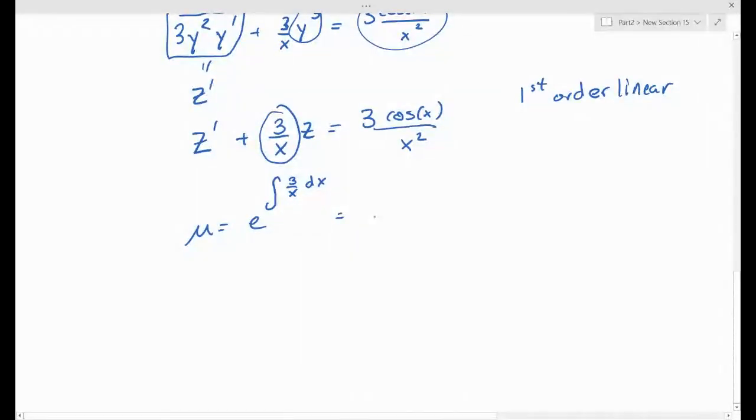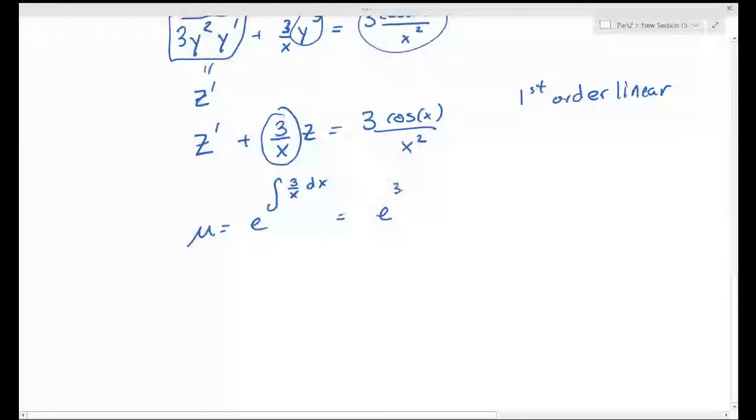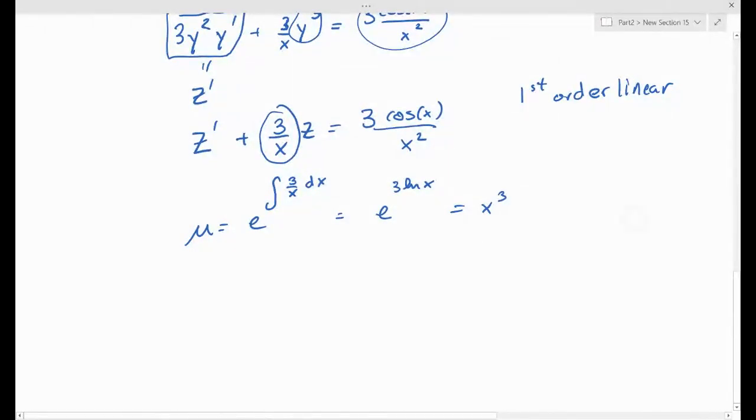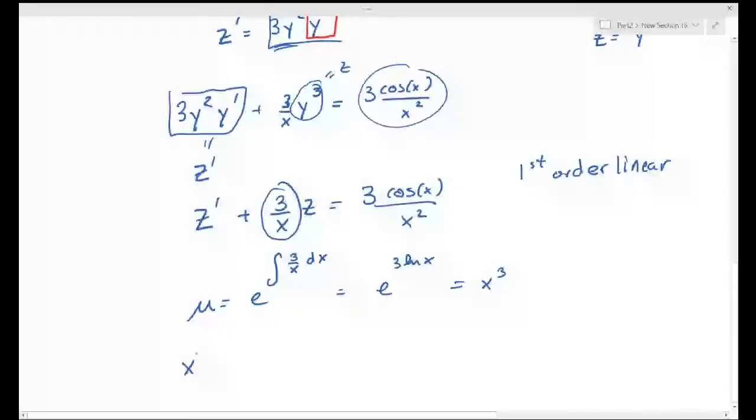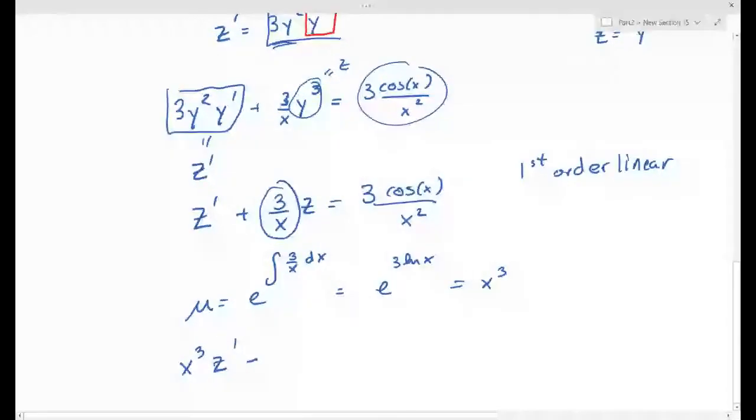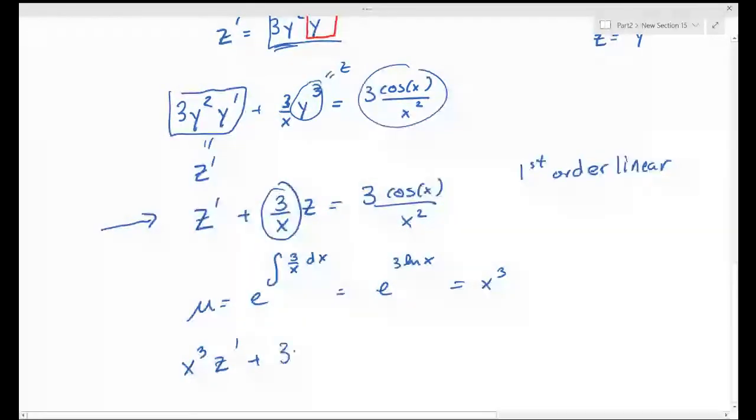So I believe that this is x cubed. So our integrating factor is x cubed. Okay, and then we use the integrating factor to multiply both sides of our first order linear differential equation.